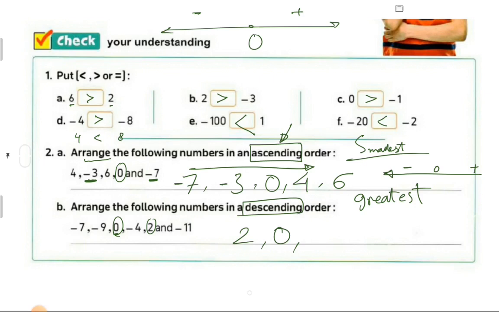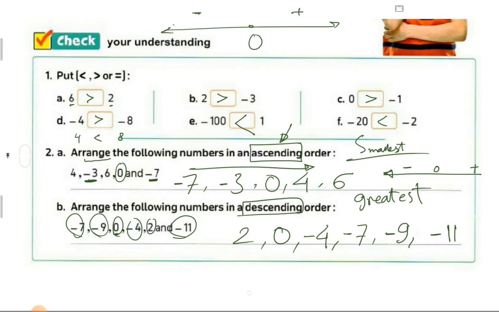Which one of them is the closest one to 0? The closest integer to 0 is negative 4, then negative 7, then negative 9, and the last one is negative 11. Note that negative 11 is so far from 0.